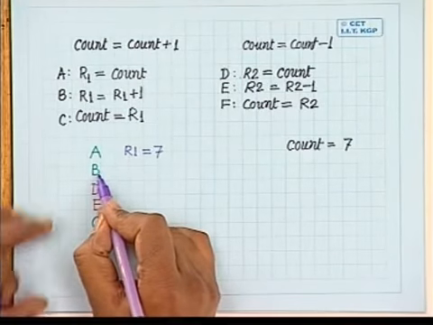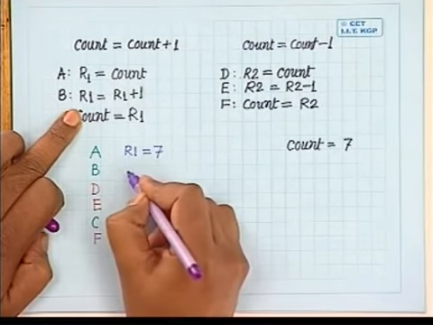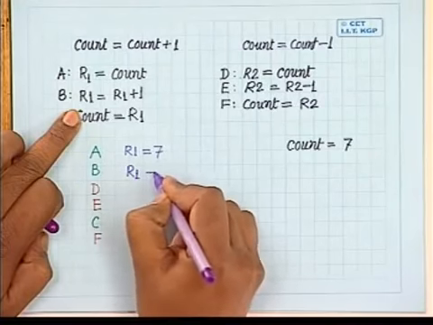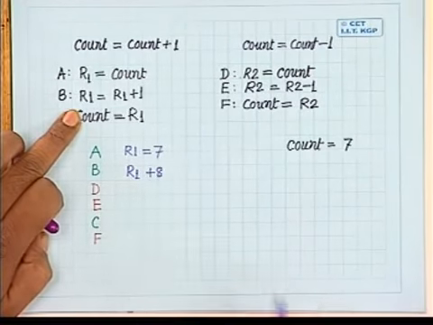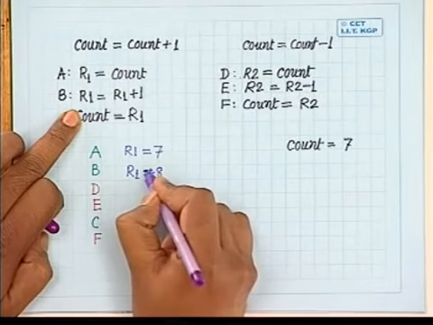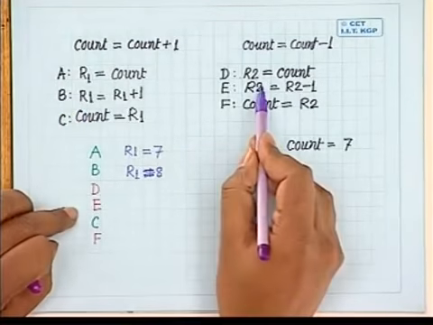After that, in statement B, R1 is incremented, so R1 becomes 7 plus 1, that is equal to 8. After that D is executed.